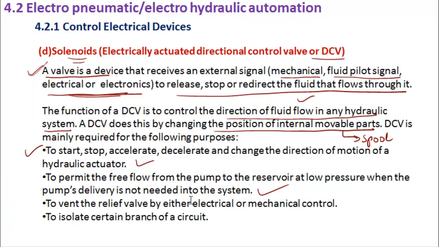That is also done with the help of this DCV, and that is what is given in this statement, to permit the free flow from pump to the reservoir at low pressure. Then second is to vent the relief valve by either electrical or mechanical control, and next is to isolate a certain branch of a circuit. That means all of these functions are being done by the directional control valve.